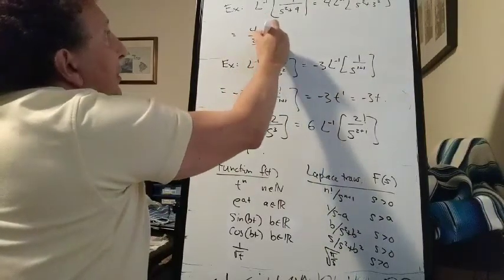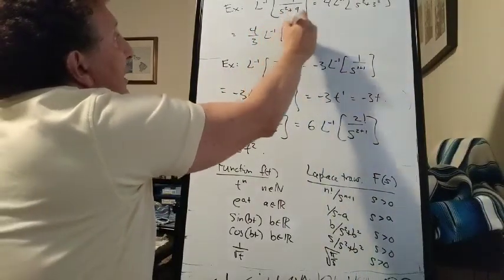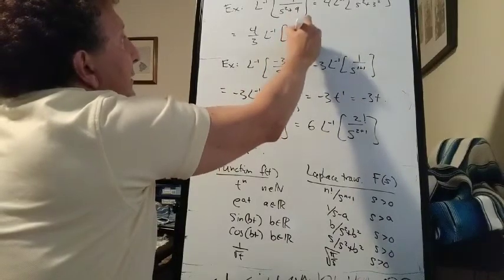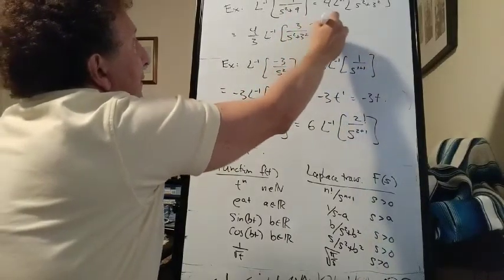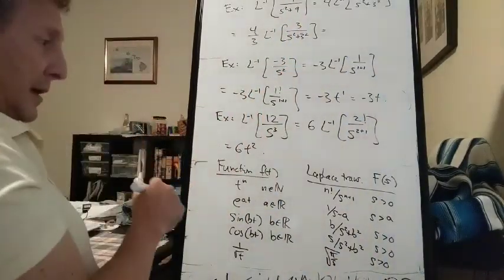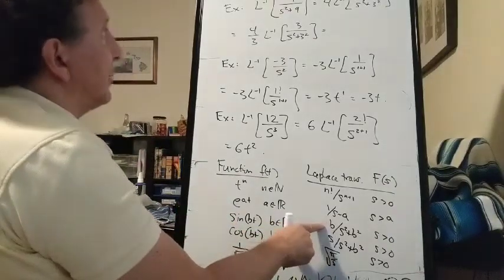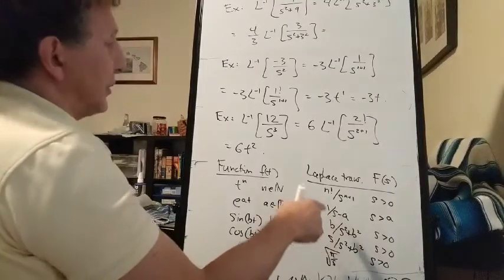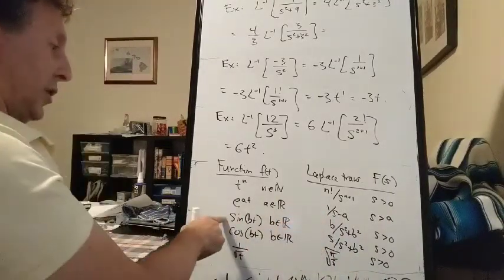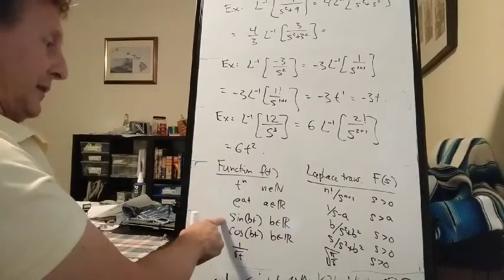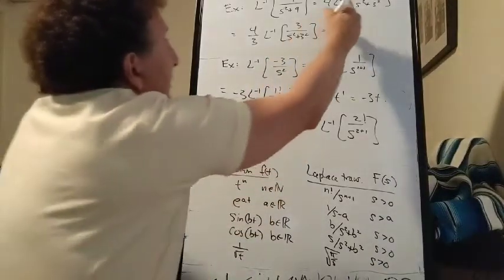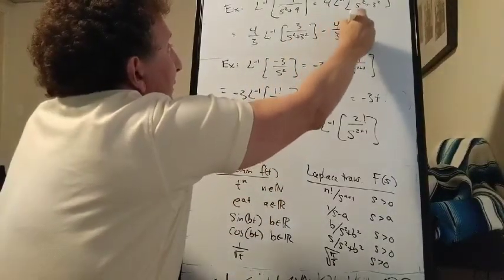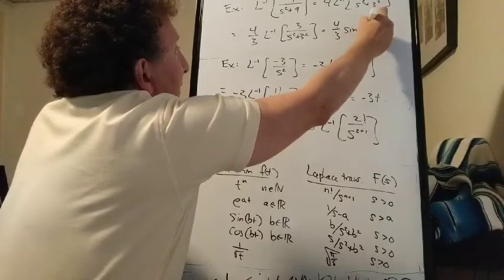I'll keep the over 3 on the outside, and I'll put the 3 on the inside. And now it matches our pattern here. This is 3 over s squared plus 3 squared. So that's going to turn into sine of 3t. So that's 4/3 sine of 3t.